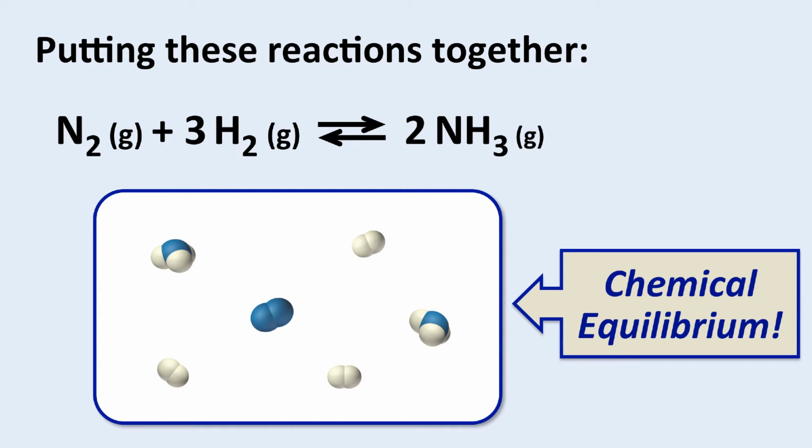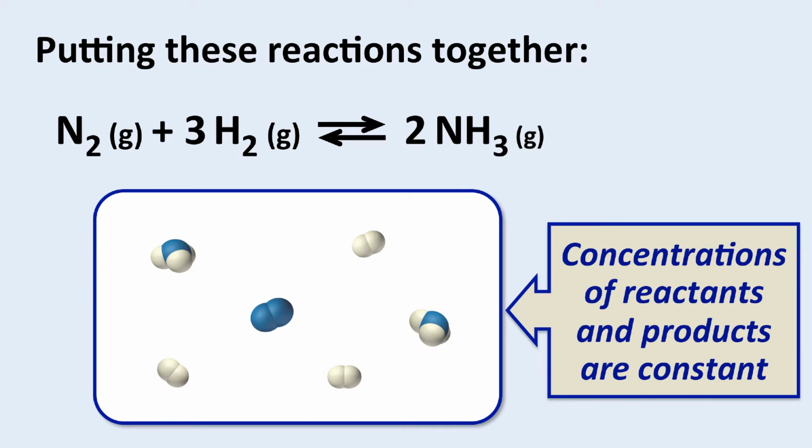What characterizes this chemical equilibrium is that the concentrations of the reactants and the products are all constant. So when chemical equilibrium is reached, the concentration of nitrogen will be constant, the concentration of hydrogen will be constant, and the concentration of ammonia will be constant.